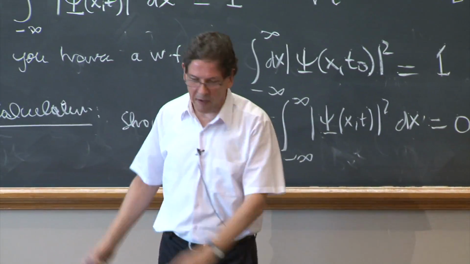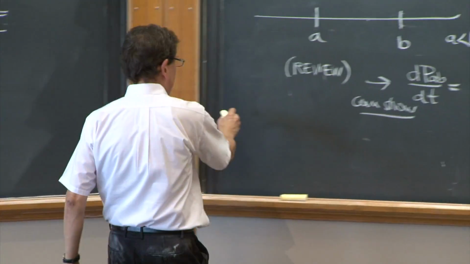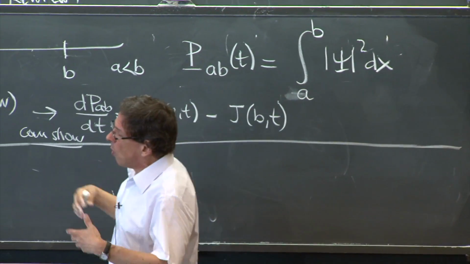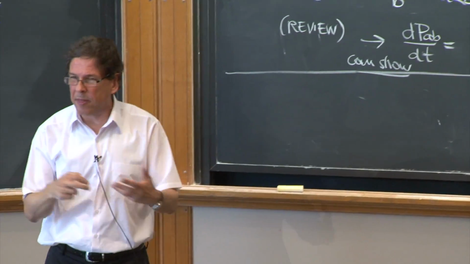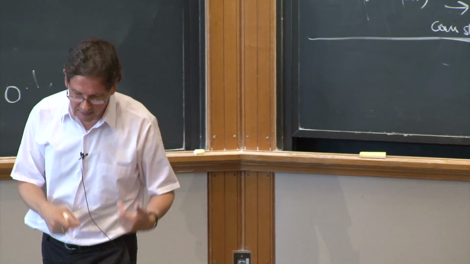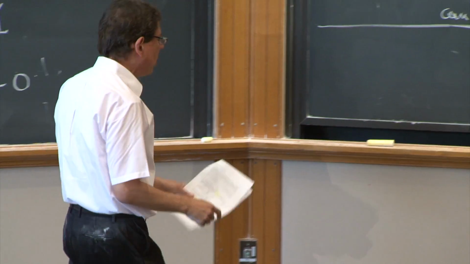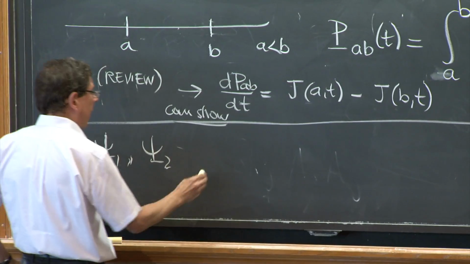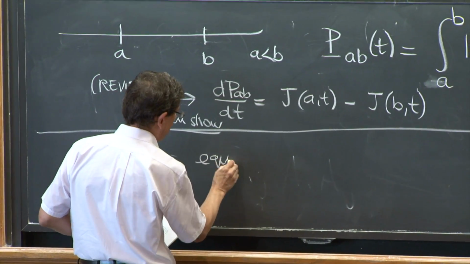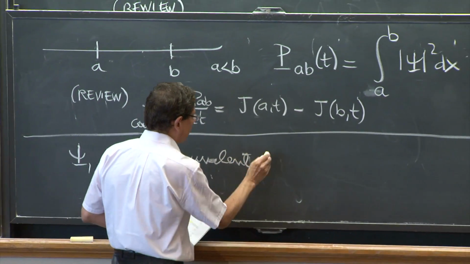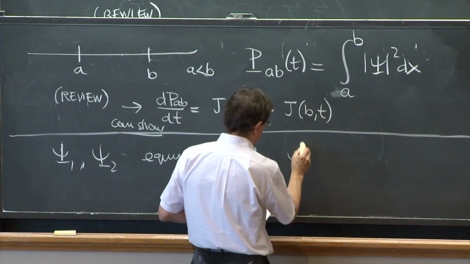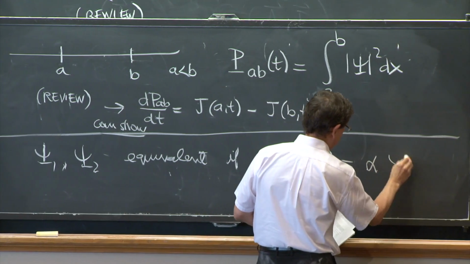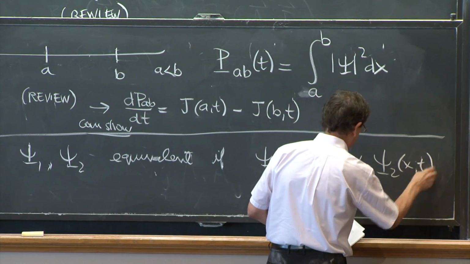So finally, for wave functions, the last thing we say is that you want them normalized, but we can work with them, and they're physically equivalent if they differ just by a constant. So a psi1 and a psi2 are said to be equivalent if psi1 of x and t is equal to some complex constant times psi2 of x and t.